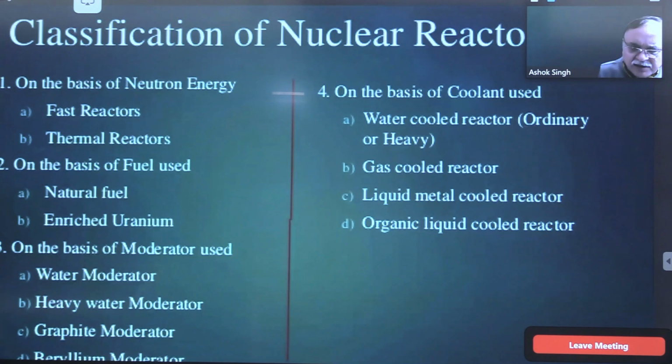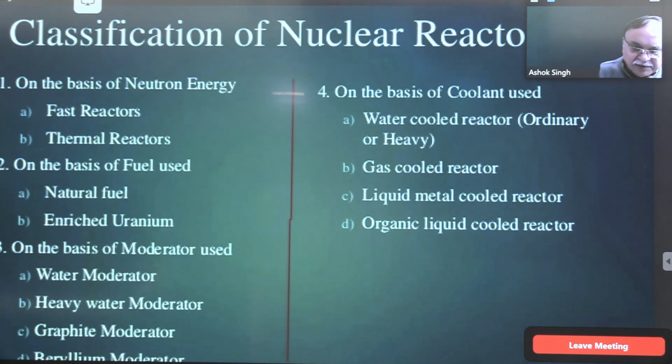Some types of nuclear reactors, the traditional reactors, the ones that we are currently using, are thermal reactors. They use slow neutrons. But some that are being developed and that we'll talk about later today are called fast reactors. Now, fast does not mean that the reactor is working very fast. It means that it is using fast neutrons.